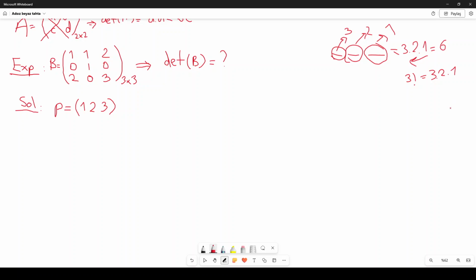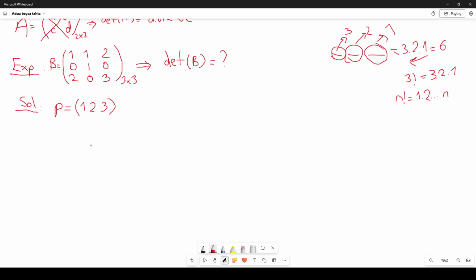So it is the multiplication of the integers starting with 1 up to that number. If we have n factorial, that means we need to compute the multiplication of the numbers from 1 up to n. This is the definition of n factorial. Since we have a 3 by 3 matrix, now we have 3 factorial permutations.